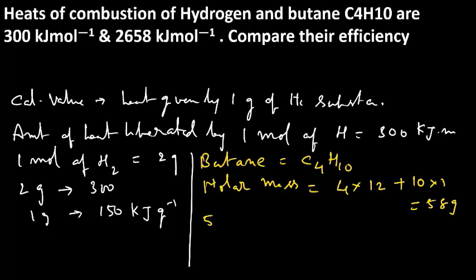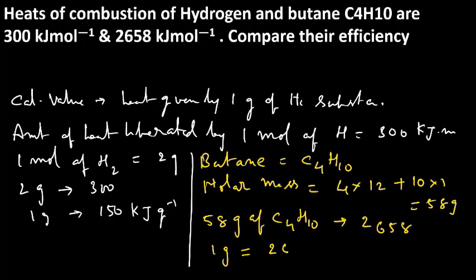So 58 grams of butane gives 2658, so 1 gram gives 2658 by 58, which is 45.82 kilojoule per gram.